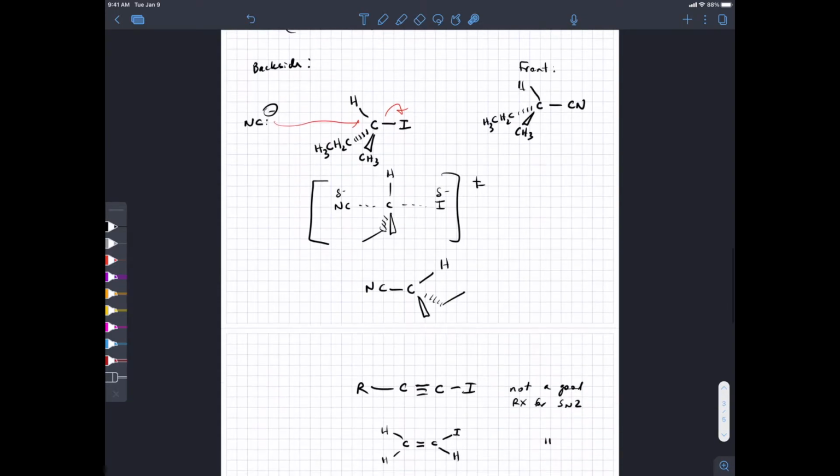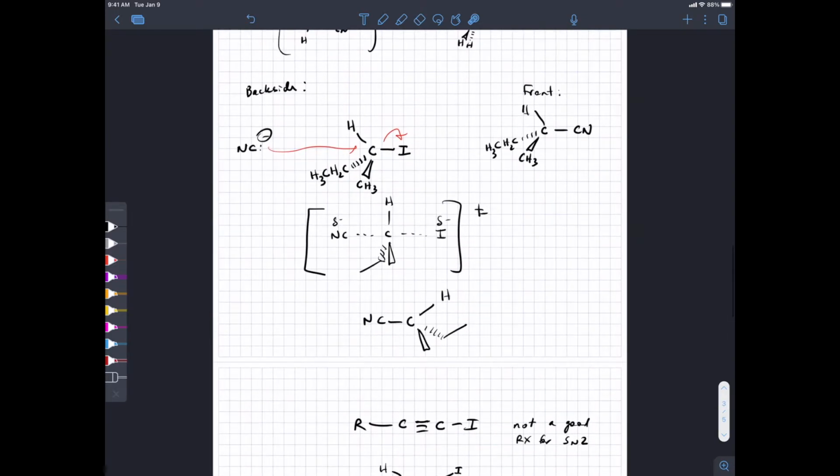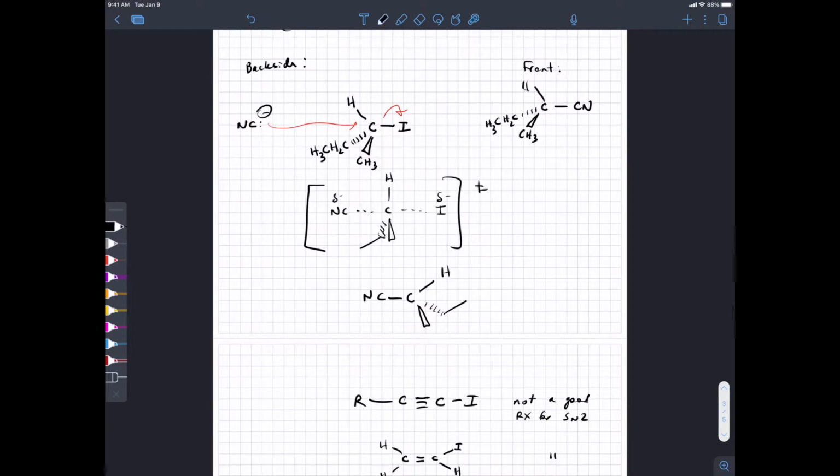Okay? Now, use your newfound stereochemical knowledge to tell me what the difference between these two compounds is. Oh, they're enantiomers.